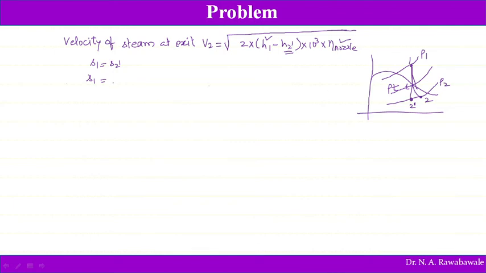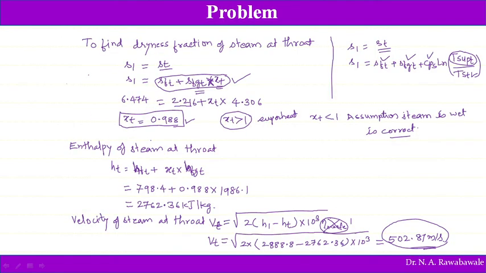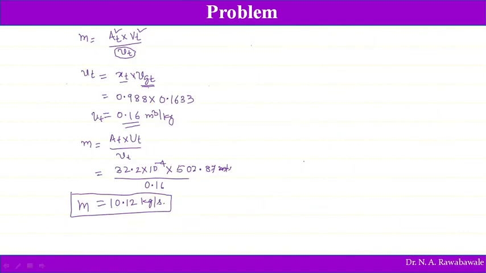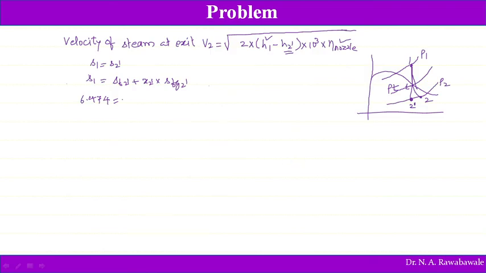So here, SF2 dash plus X2 dash into SFG2 dash. This is the equation for finding entropy of wet steam. Already S1 is known. S1 value is 6.474 kilojoules per kg, which we have calculated already. So that value we have substituted.